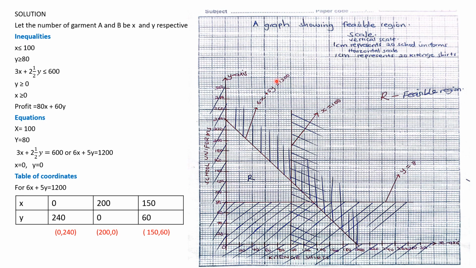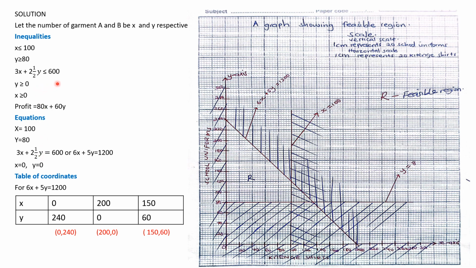Never bring back your inequality symbols on the Cartesian plane. Never. Don't bring them. Just keep them here when you are writing them, at the same time when you are testing. And when we are testing, take an example. We can use 0, 0. I will come and I say that 6 times 0, I get 0. Then plus 2.5 times 0, still I get 0.